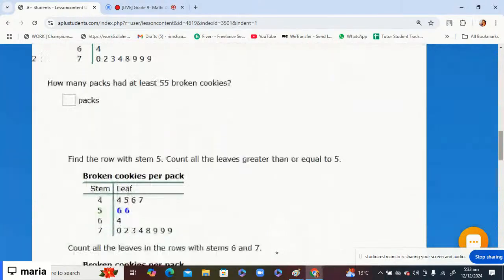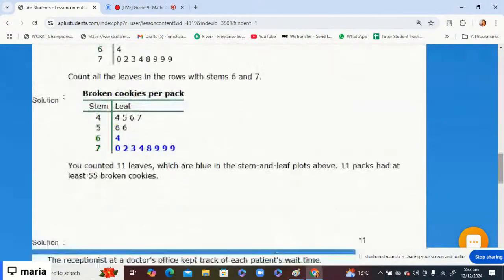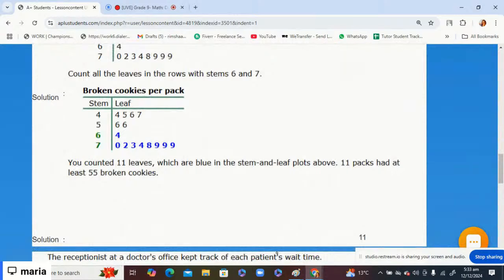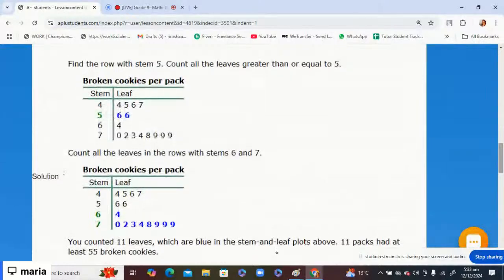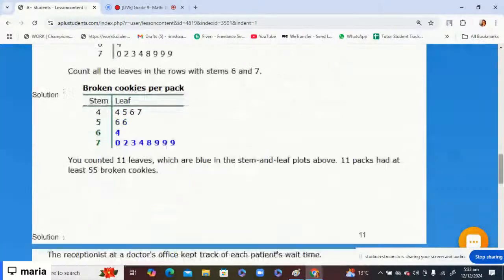There is no 55, there is 56. So greater than that, all: 1, 2, 3, 4, 5, 6, 7, 8, 9, 10, and 11. So the total is 11, with the 5, 6, and 7 rows all included. Count all the leaves in the row with the stem 5, and the stems 6 and 7 as well.